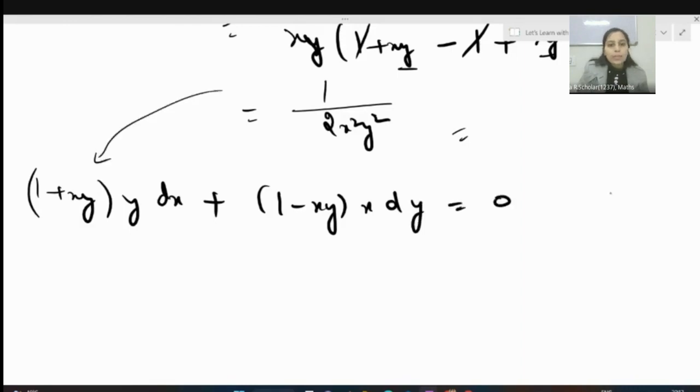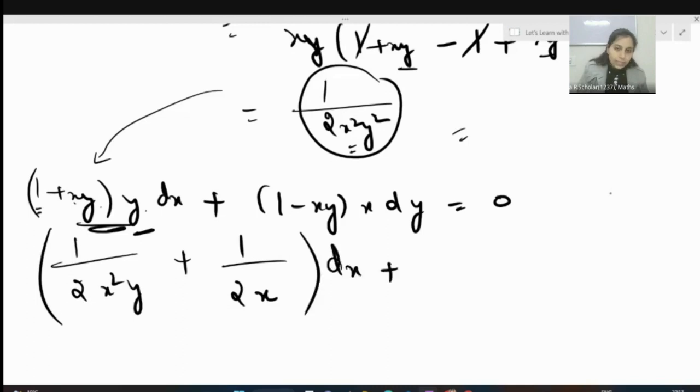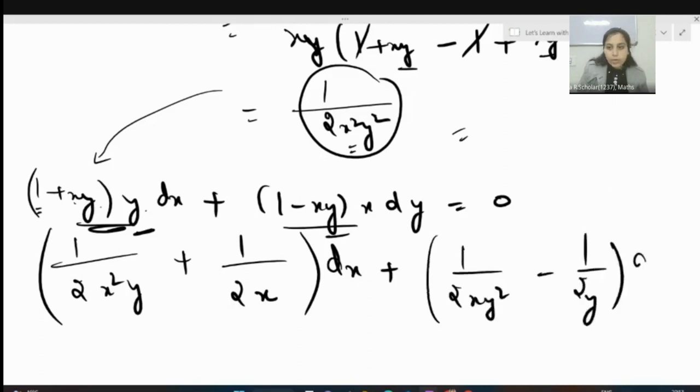Multiplying this equation by the integrating factor throughout, we get 1 upon 2x squared y plus xy squared, dividing by this, 1 upon 2x dx plus, similarly dividing this whole by this, we get (1 upon 2xy squared minus 1 upon 2y) dy equal to 0.